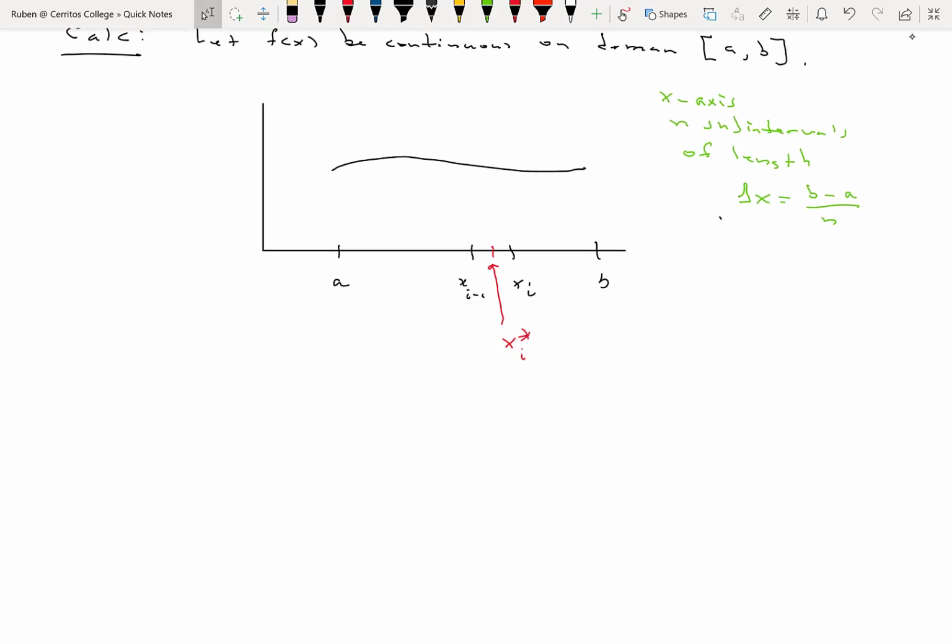Then I consider the value of the function at x sub i star, f of x sub i star, and multiply it by the length of that subinterval. Geometrically, that turns out to be the area of the rectangle whose height is f of x sub i star, and whose width is delta x.